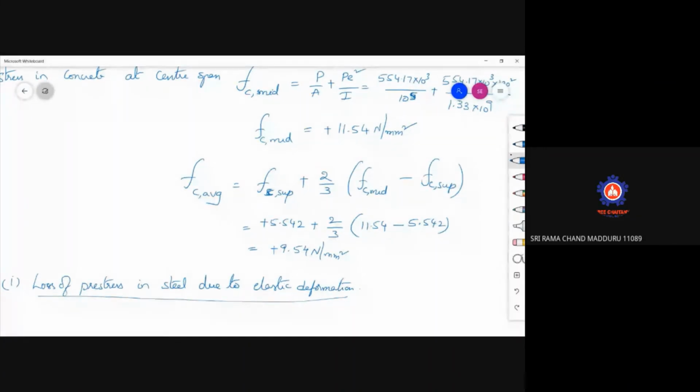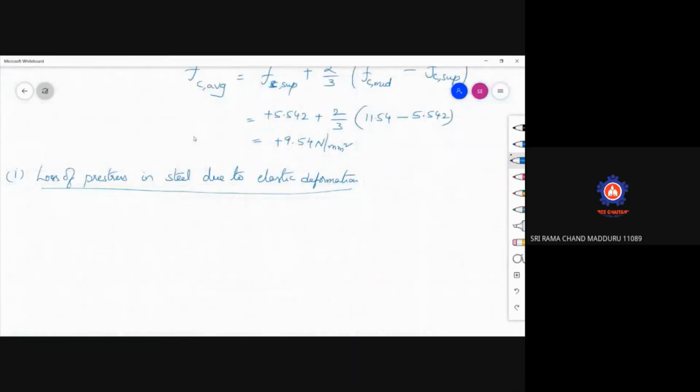When one wire is stretched and the next wire is stretched and locked, then the loss of pre-stress occurs. Now, it is not mentioned whether all the wires are stretched or stretched one by one.